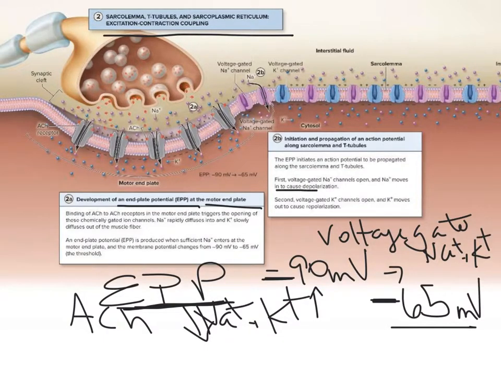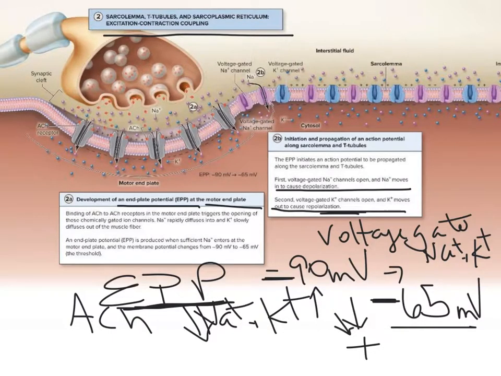And first you get voltage gated sodium channels opening, so you get even more sodium moving into the cell, so the inside of the cell becomes less and less negative, more and more positive, until you actually have the inside of the cell having a positive charge. And then you also have the voltage gated potassium channels opening, and the potassium will move out.